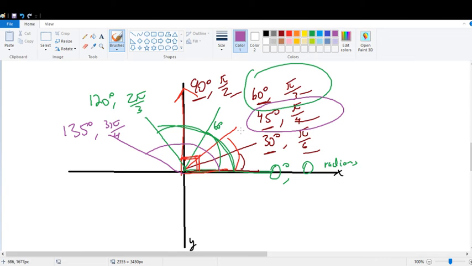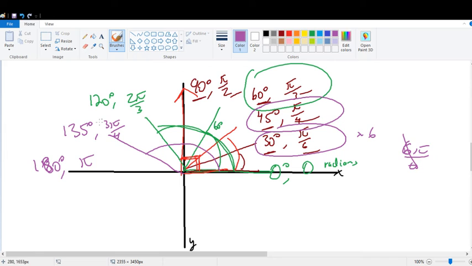I can keep going. If I take, for example, 30 degrees times 6, I get 180 degrees. So you have to multiply pi over 6 times 6, and you get 6 pi over 6, which is equal to just pi radians.